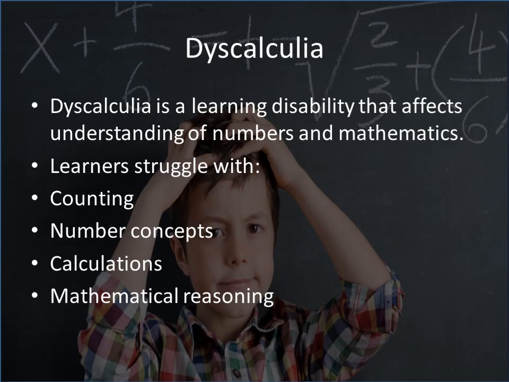These learners struggle with counting, number concepts, calculations, and mathematical reasoning. So don't always be in a hurry to assume this child is avoiding homework. Let us understand each and every learner. That is why we have CBE, which is learner-centered.